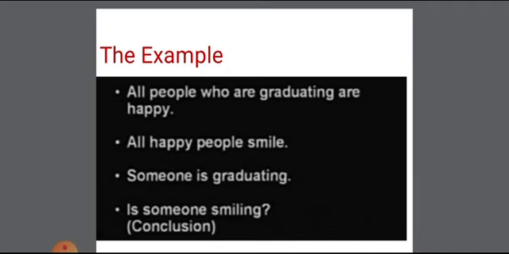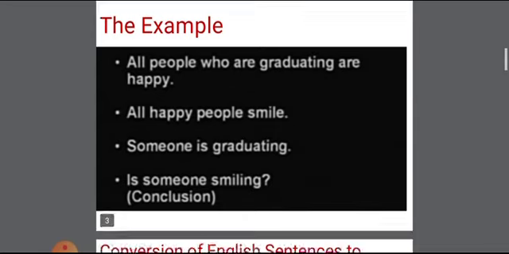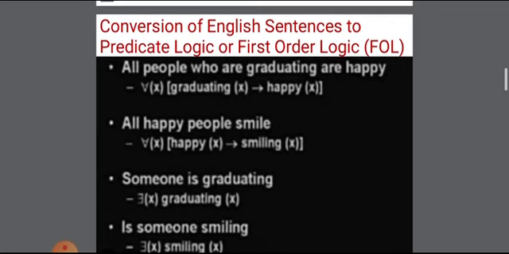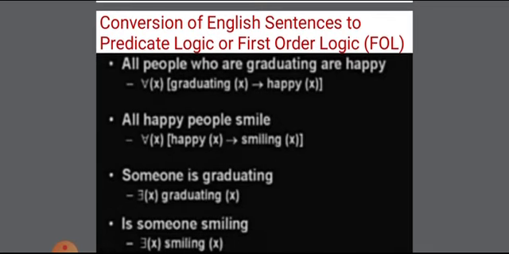To convert these sentences to the clausal normal form, we have to first convert them to first order logic, that is, predicate logic. Then we can convert them to CNF. So how do these statements get written in predicate logic?